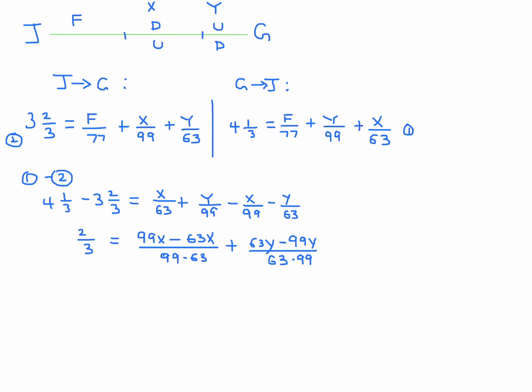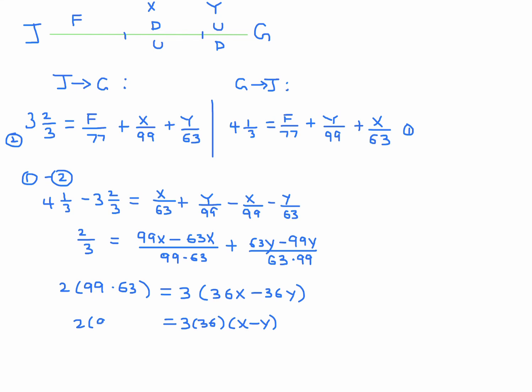So now I can cross multiply, and this is going to give me 2 times 99 times 63, and this is going to give me 3 times 36x minus 36y. So that means if I factor out a 36, all I'm left with is x minus y, 3 times 36, and this side is the same.